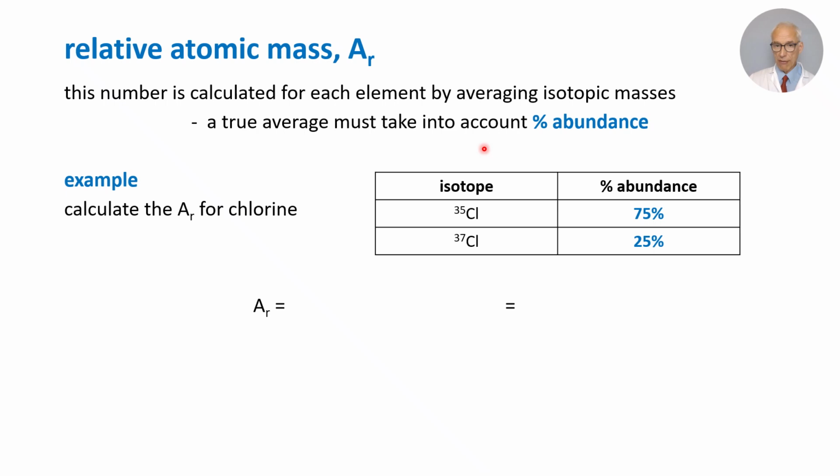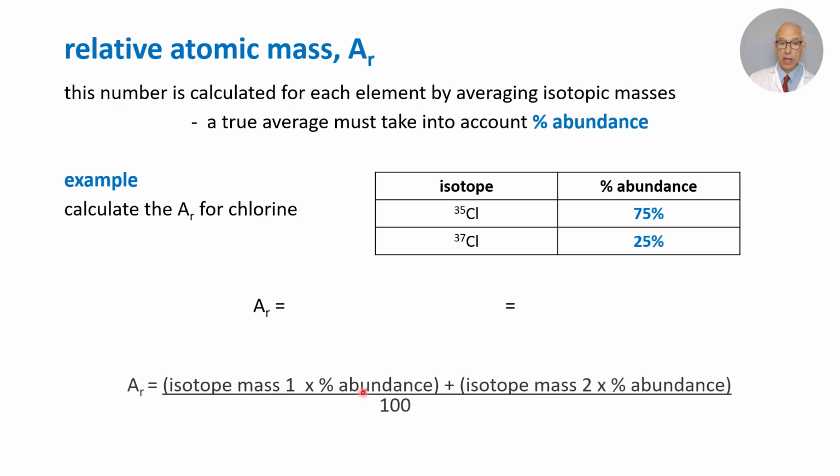A true average must take into account this percentage abundance. The formula expressed in words is, of course, the relative atomic mass is the isotope mass of isotope 1 times its percentage abundance plus the isotope mass of isotope 2 times its percentage abundance, all divided by 100.